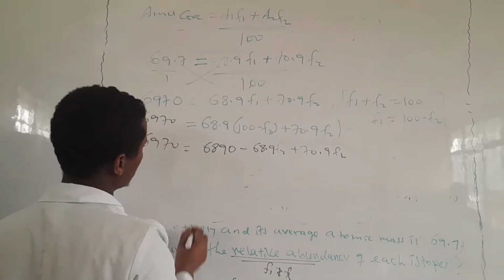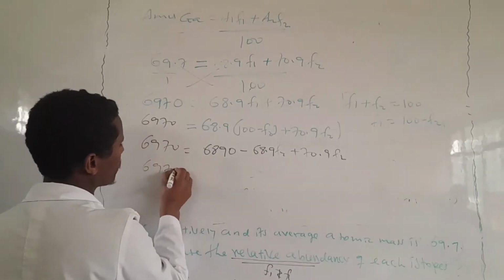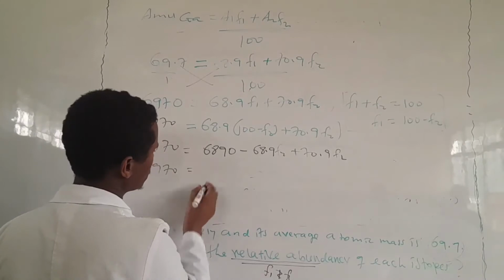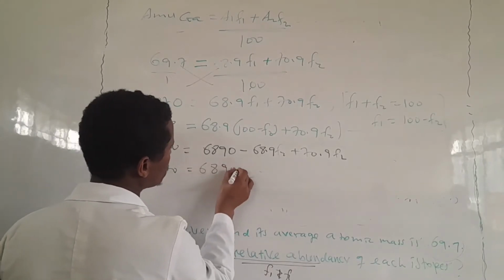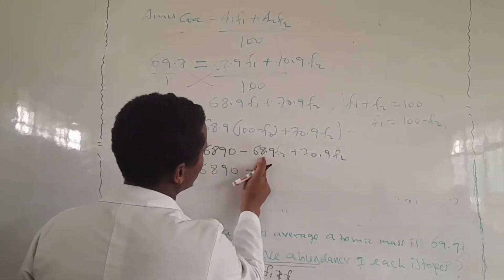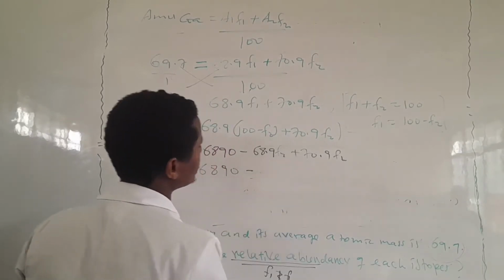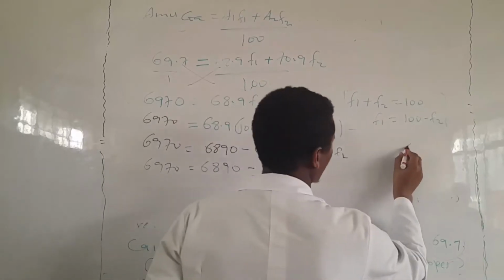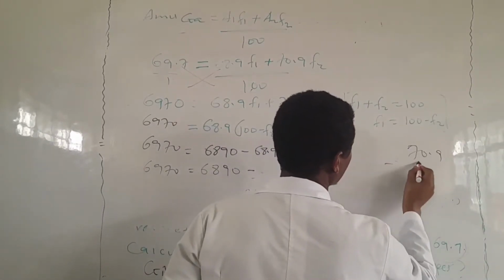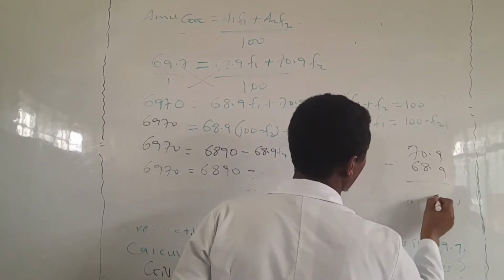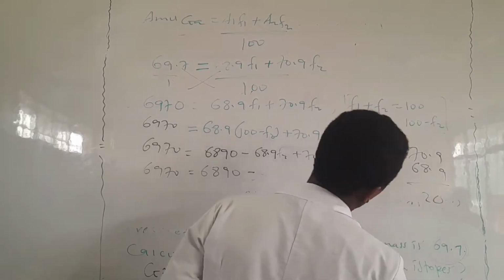Okay, subtract and collect like terms: 6890 minus 68.9 plus 70.9, the remaining 70.9 minus 68.9 is 2.